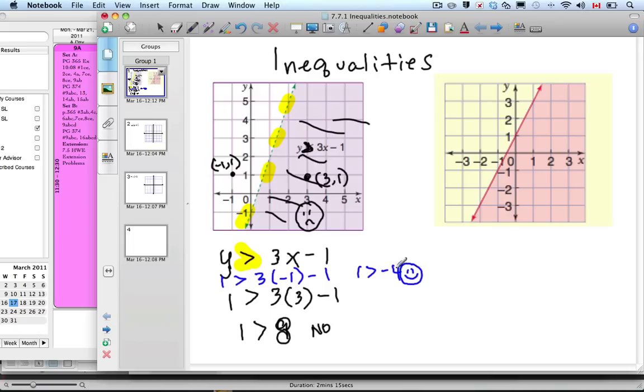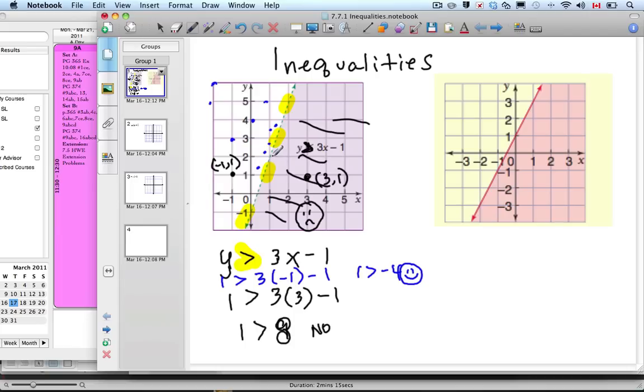So every point in that clear region that we didn't throw away will satisfy that inequality, including points with fractions and decimals. What about a point on this line? Well, it's dotted, which means that it's not equal to.